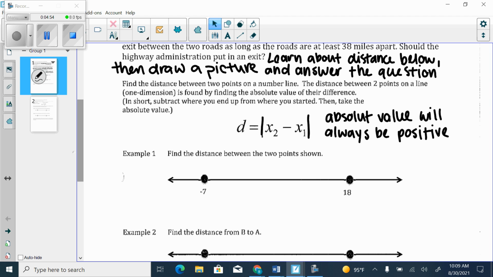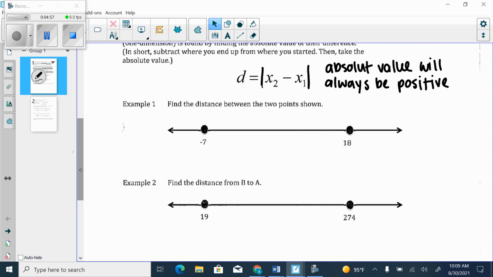All right, so normally we would say that we probably started on the left and went this direction, right? So I'm going to label this as my start and this as my end. Okay? According to the formula, distance between these 2 points should be equal to the absolute value of, do we put our start or our end point first?